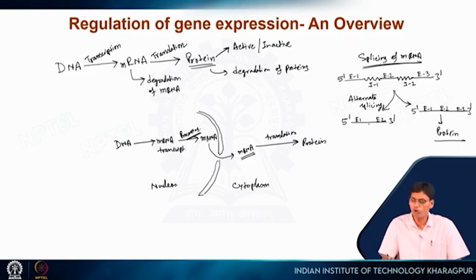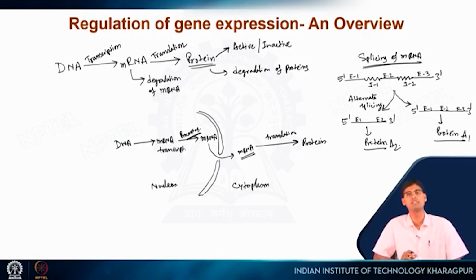As a result, it will also make a protein. Now there should be some difference in these two proteins. For example, say protein A1 and protein A2. In protein A1, if this is a membrane bound protein, the E3 portion actually helps this protein to be anchored on the membrane of a cell. Now protein A2 does not have this E3 portion, that means the exon 3 portion.